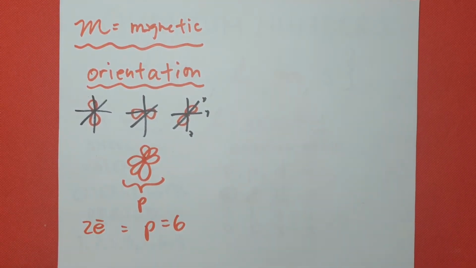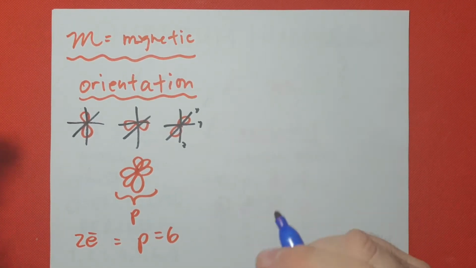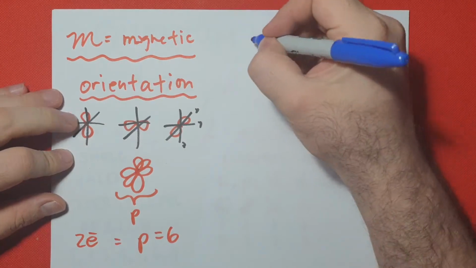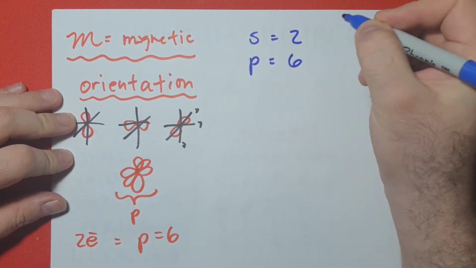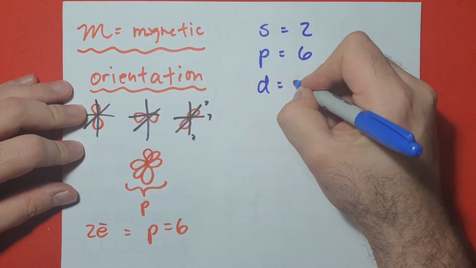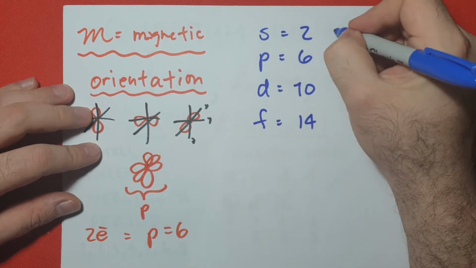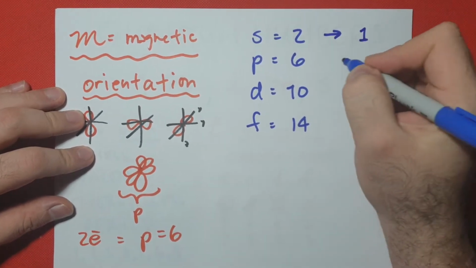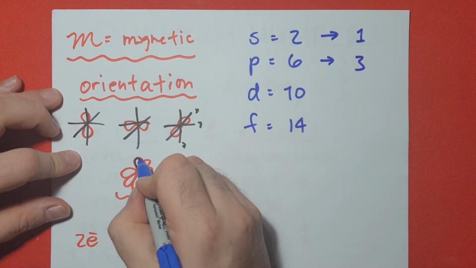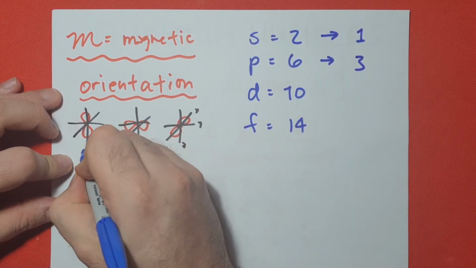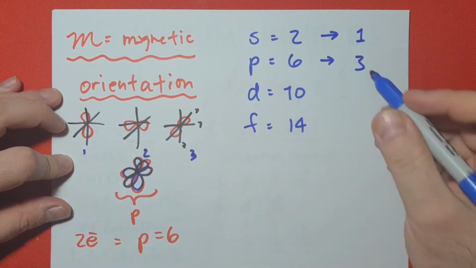And if we remember from our other videos, and I recommend that you watch the electron configuration videos, remember that S can hold 2 electrons, P can hold 6 electrons, D can hold 10 electrons, F can hold 14 electrons, meaning that there's only one orientation for S. There's 3 orientations for P, just like we showed right here. 3 different ones, 1, 2, 3. And each of them holds 2 electrons.